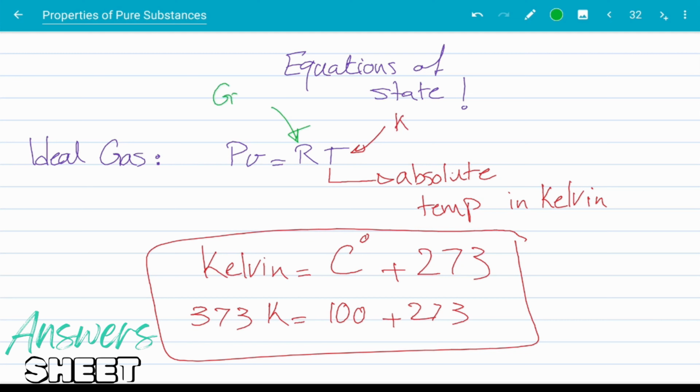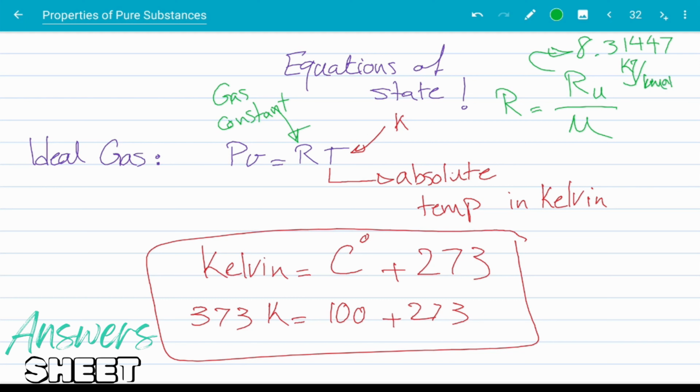So R is the gas constant. Now, how do we find it? R for each gas is the universal gas constant divided by the molar mass of the gas. The universal gas constant is 8.31447 kilojoules per kilomole Kelvin, whereas the molar mass is different for different gases.